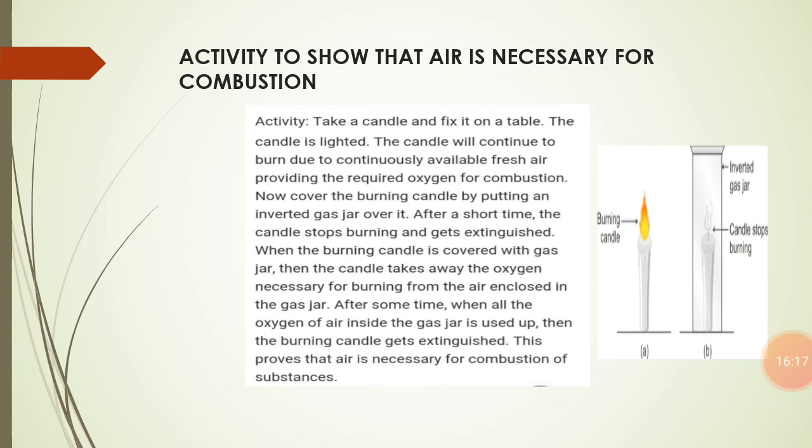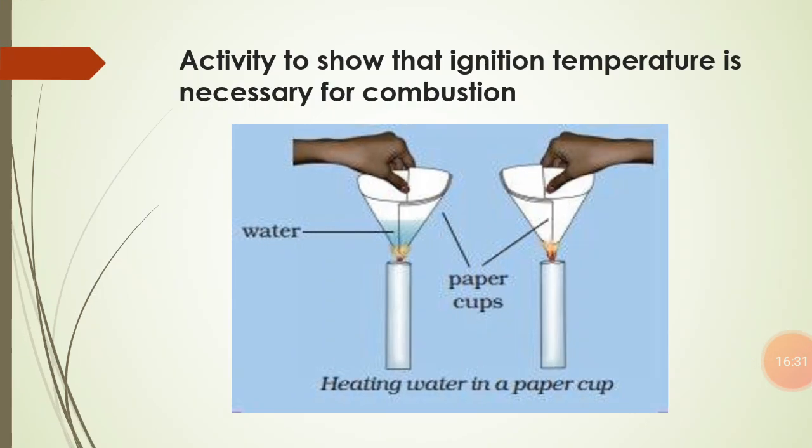So this activity shows that oxygen, or we can say air, is necessary for combustion to take place. Next activity is used to show that the ignition temperature is necessary for combustion.